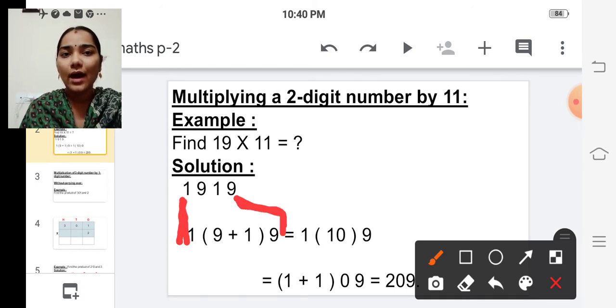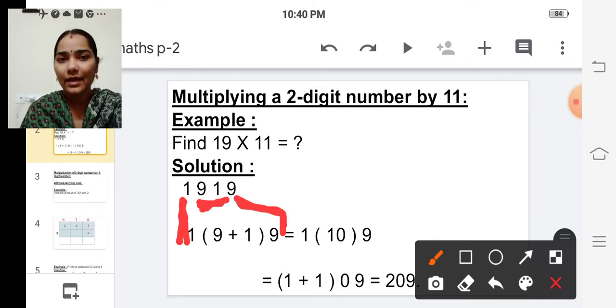And we are going to add the numbers in between. Here 9 and 1 are there. So we are going to add this 9 and 1. That is 9 plus 1.